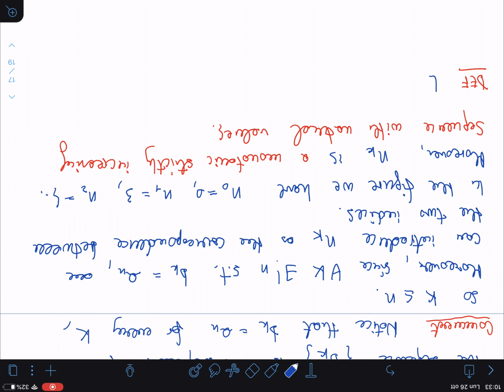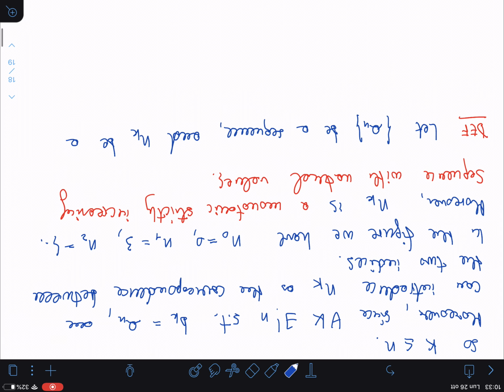Let a_n be a sequence and n_k be a strictly increasing sequence of natural numbers.